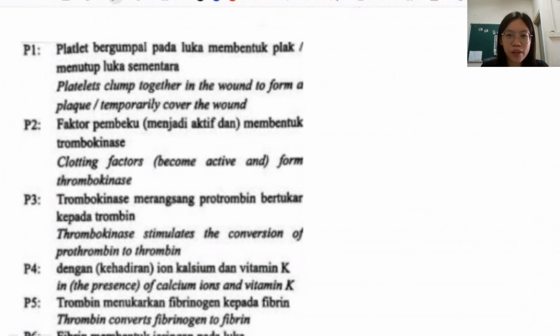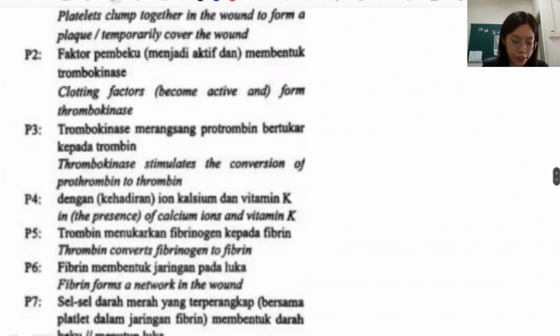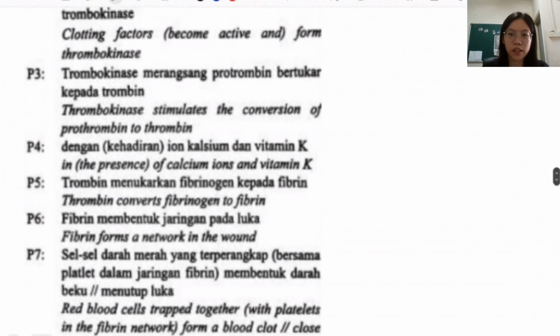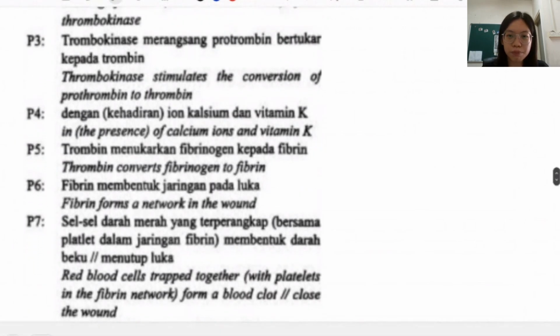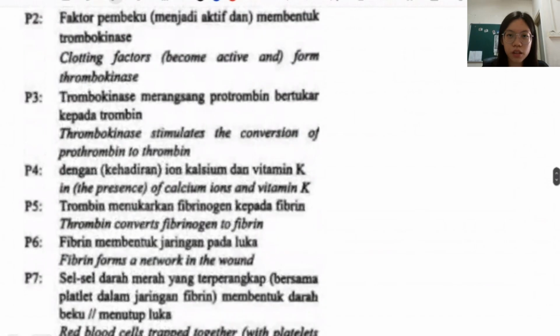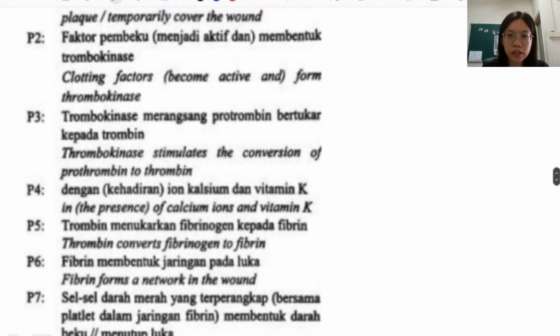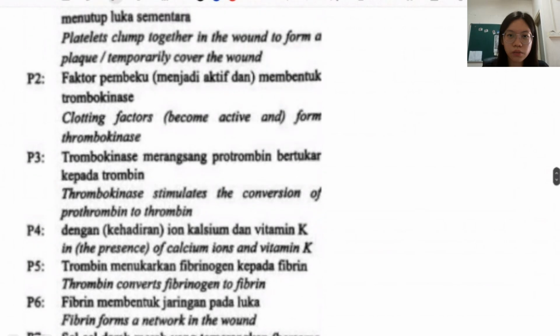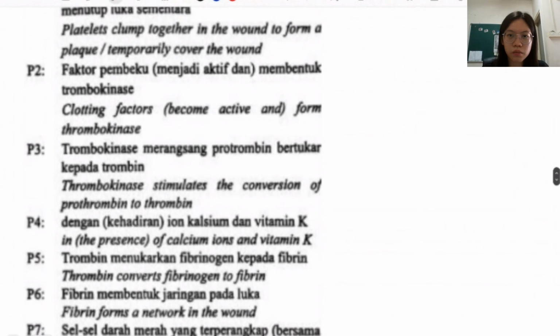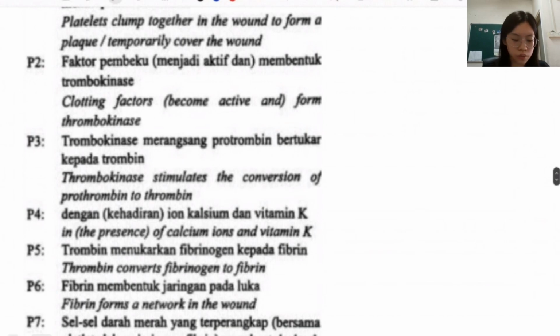But basically, these are the processes that occur right here. When there's a wound, the platelets will clump at the wound.